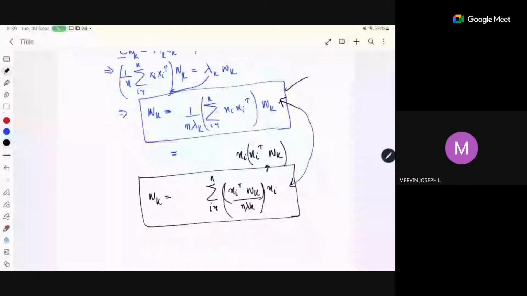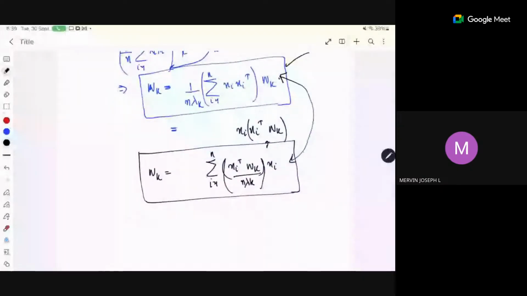What we wanted to see here is that we had this covariance matrix C and we wanted to find this eigenvector W. But if we write it this way, we are not able to figure out any kind of relationship.